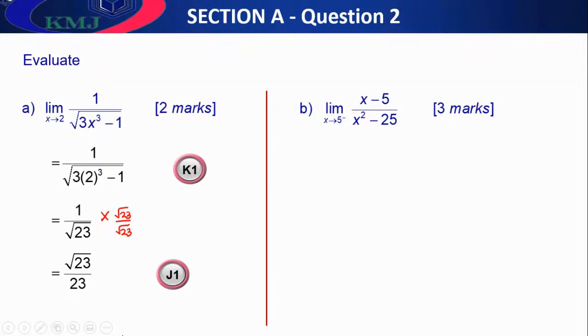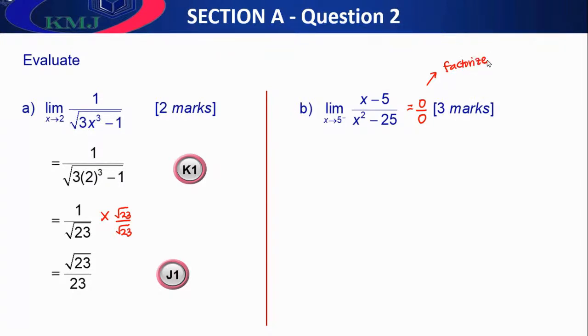For question number 2B, to evaluate the limit of (x minus 5) divided by (x squared minus 25) as x approaches 5 from the left. First step, we substitute 5 into the function. So substitute 5 into your x. So we get 0 over 0. Since the value of the limit is 0 over 0, we need to factorize it.